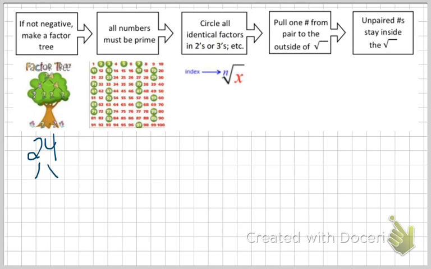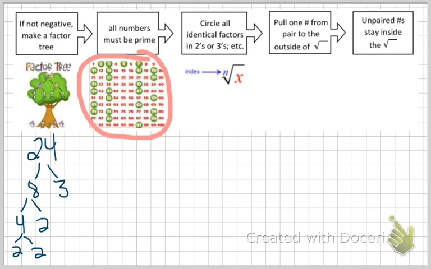And you find the possible factors of 24. So it could be 8 and 3. And we're trying to break down these factors all the way until we get to prime numbers. So all of these are prime numbers. And as you can see, we have a list here of possible prime numbers: 2, 3, 5, 7.